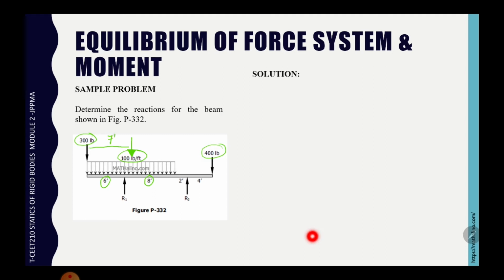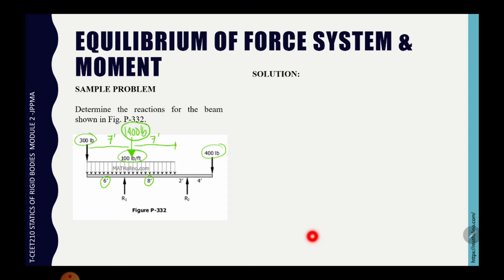So, this is 7 and this is 7 feet. Okay, so kung 100 to, ita-times mo lang siya kung ilan yung pinaka-length niya. 100 times 6 plus 8. So, 6 plus 8 is equal to 14 times 100 equals 1,400 lb. So, lahat na parehas na yung load natin.